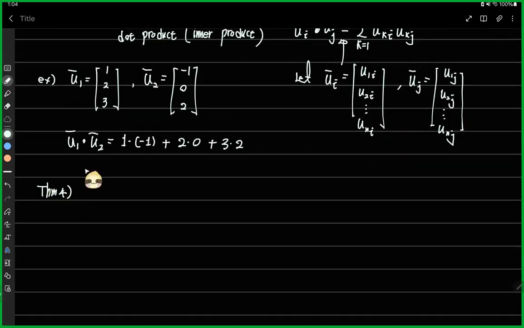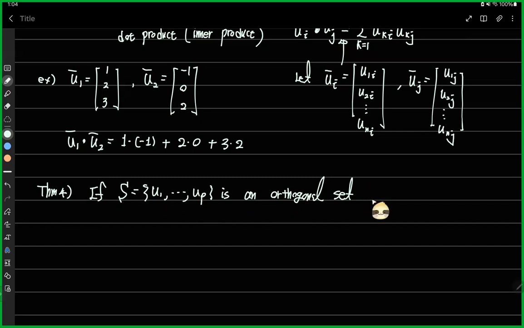Theorem 4. Let's say S, the set of vectors u1 through up, is an orthogonal set of non-zero vectors in R^n space.